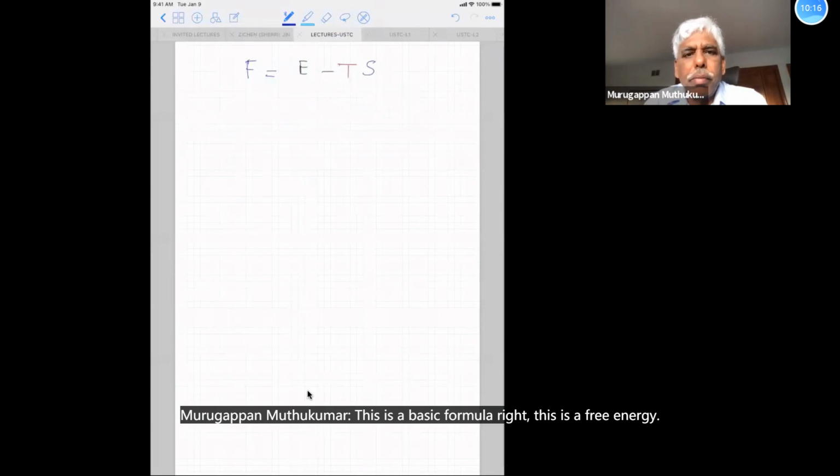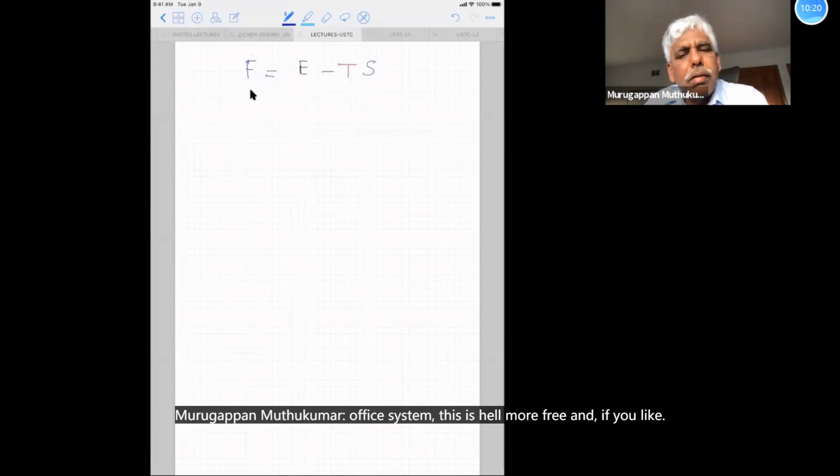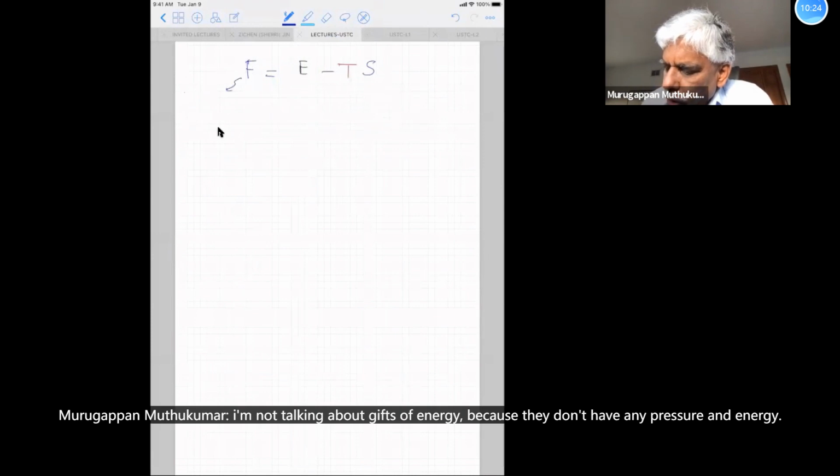This is a basic formula, right? This is the free energy of a system. This is Helmholtz free energy, if you like. I'm not talking about Gibbs free energy because I don't have any pressure, Helmholtz free energy.